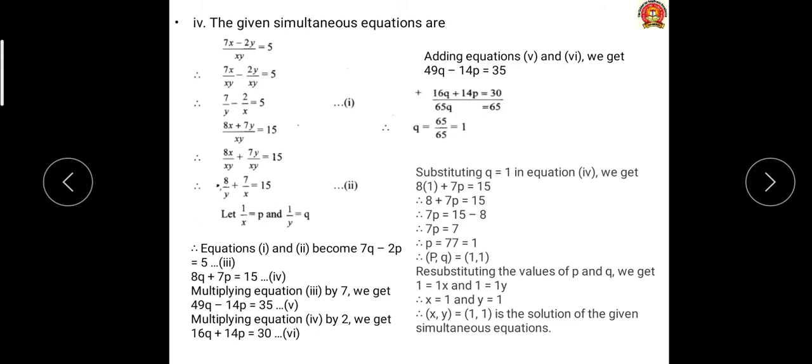Okay students, here it came coincident because of the equation. It is not necessary that always p and q is equal to x and y. Whatever you consider as p and q values, you have to resubstitute and you will get the values of x and y, and that is the solution of the given simultaneous equations.